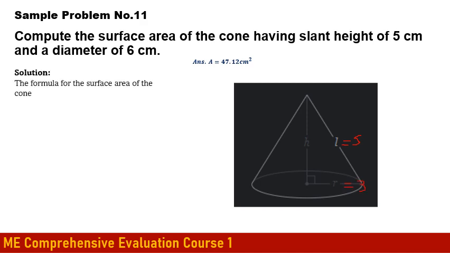The formula for the surface area of the cone is pi r L. Because we are referring to the surface area, it would be pi multiplied by 3 and by 5. So the surface area is 47.12 square centimeter.